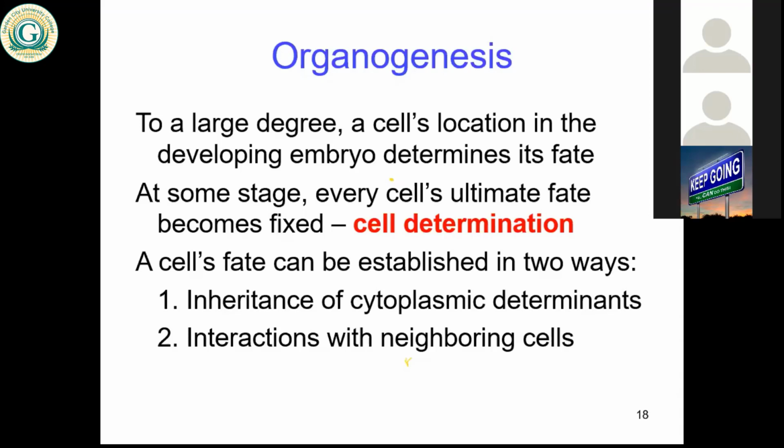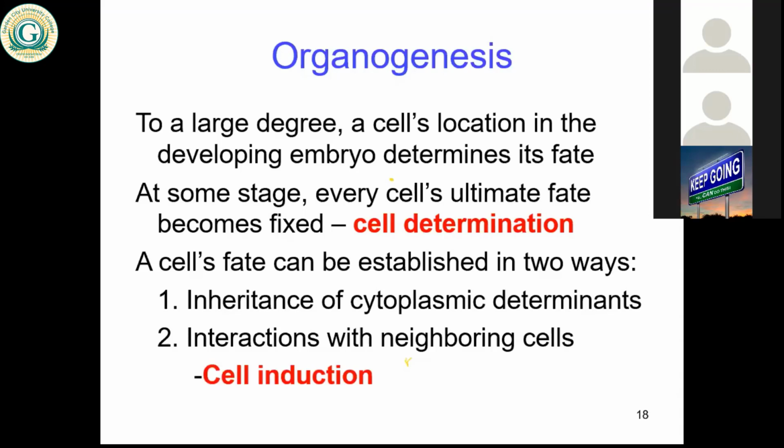So interaction with neighboring cells means at times these cells are programmed to be ectoderm, but they interact with certain cells, and before you know it, they have followed that cell to another place and formed mesoderm, and cause trouble. So apart from inheritance, another way cells will determine their fate is by interaction with neighboring cells.